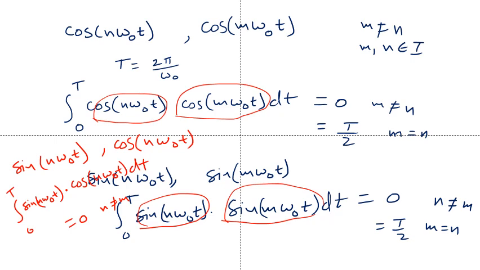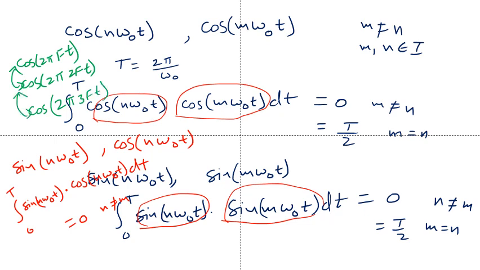For example, you can easily say that cos(2 pi f t) is orthogonal to cos(2 pi 2f t). Also, if you take another signal, cos(2 pi 3f t), these two are also orthogonal to each other, as well as the other pair.